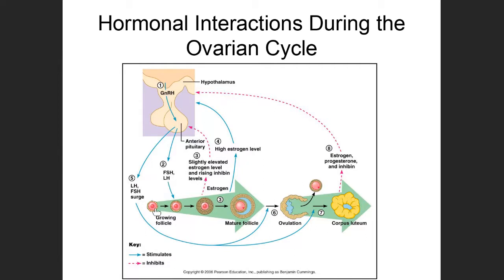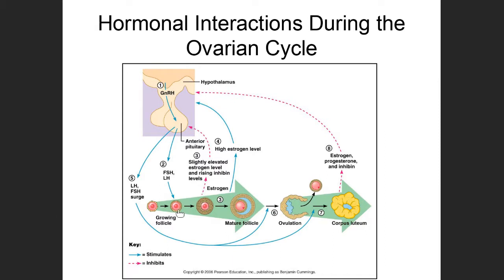And they trigger a primordial follicle to start to develop, going from primordial follicle to primary follicle to secondary follicle to Graafian or mature vesicular follicle, whatever you want to call it. I mentioned that as a follicle is developing, it puts multiple layers of cells around the oocyte, and these cells are known as granulosa cells, and they produce estrogen.